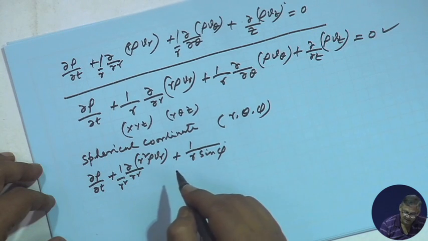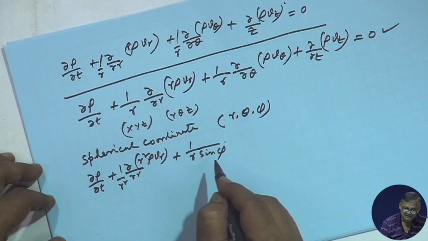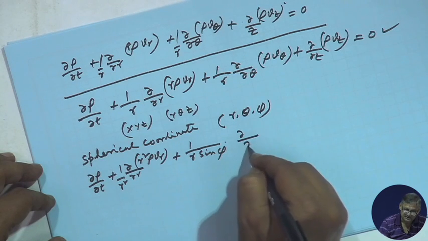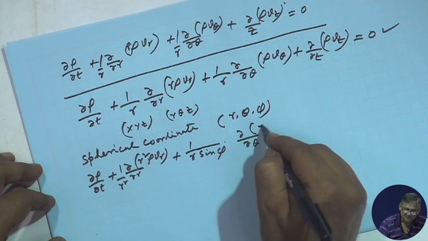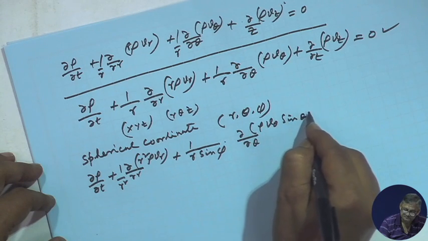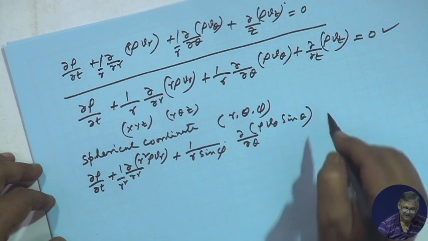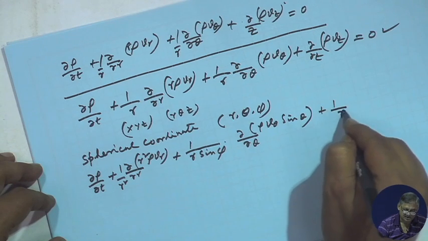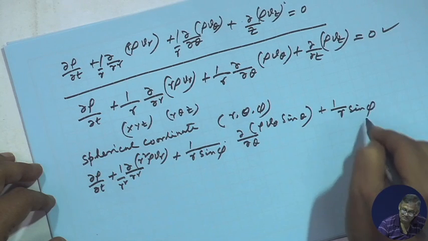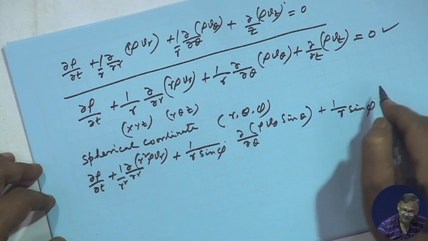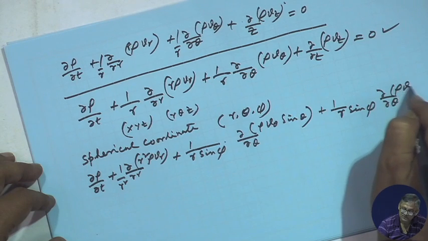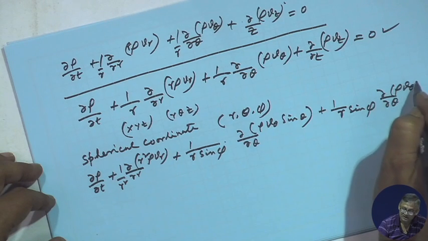Then we can write like this: 1 by r sin phi into del theta of rho v theta sin theta, right, plus 1 by r sin phi del theta of rho v theta, right.